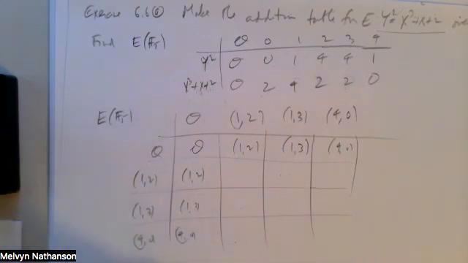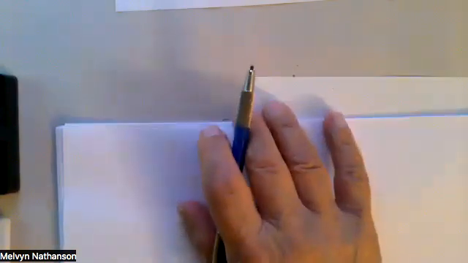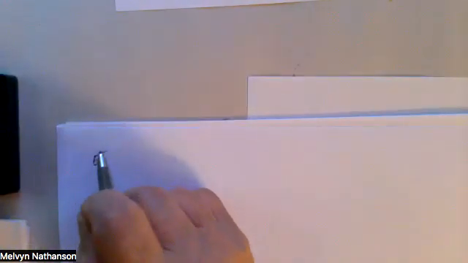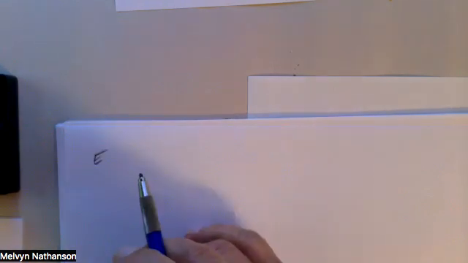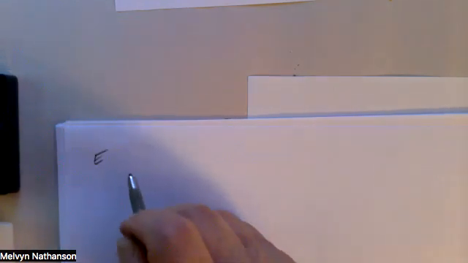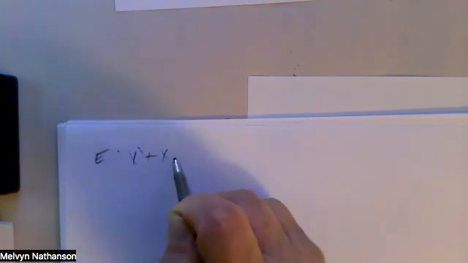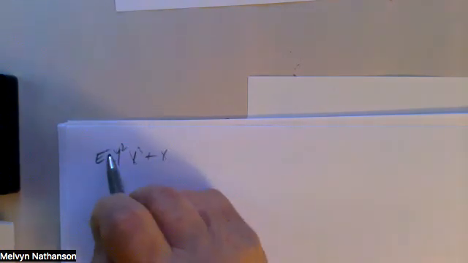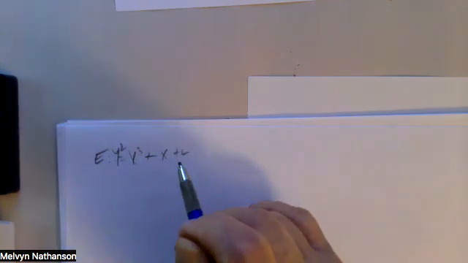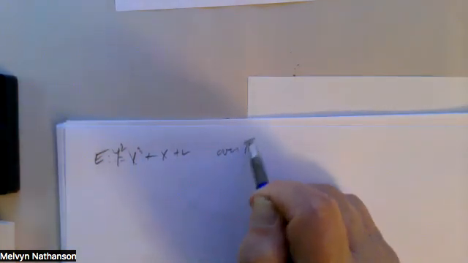So on the elliptic curve E, y squared equals x cubed plus x plus 2 over F5, I want to compute what is (1,2) plus (1,3).